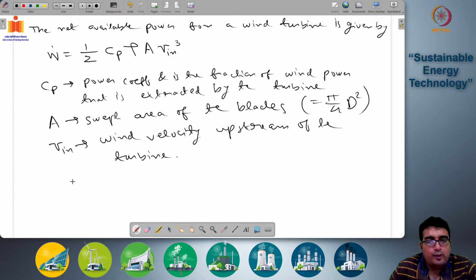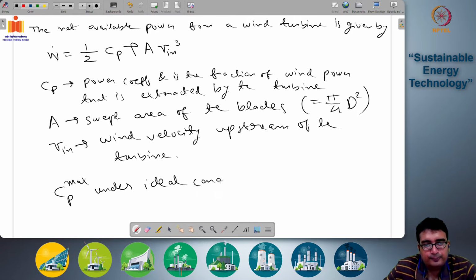And we want to evaluate Cp max under ideal conditions. What is the maximum conversion that you can get in an idealized wind turbine condition? So let's look into that.